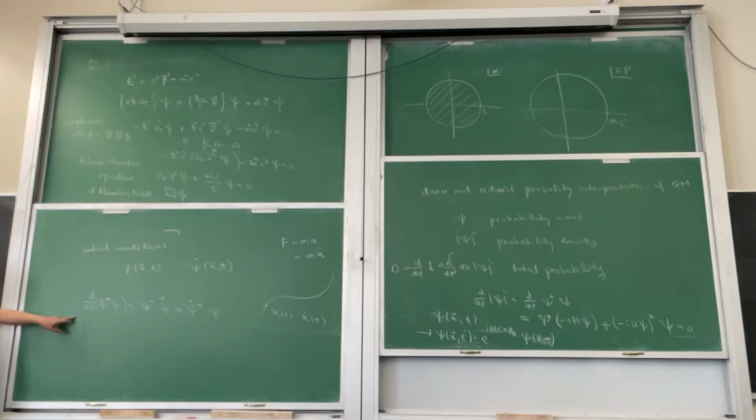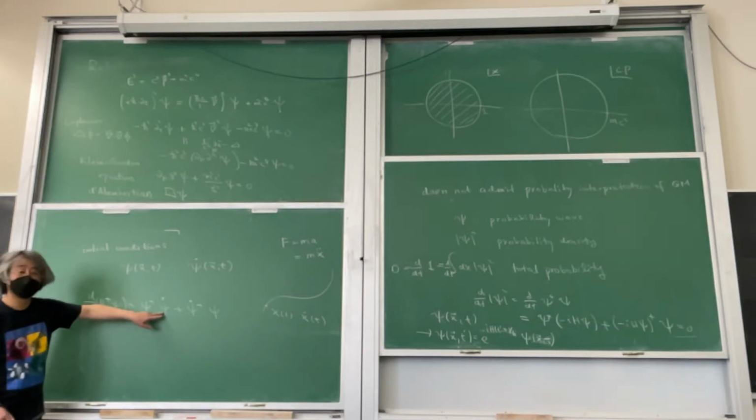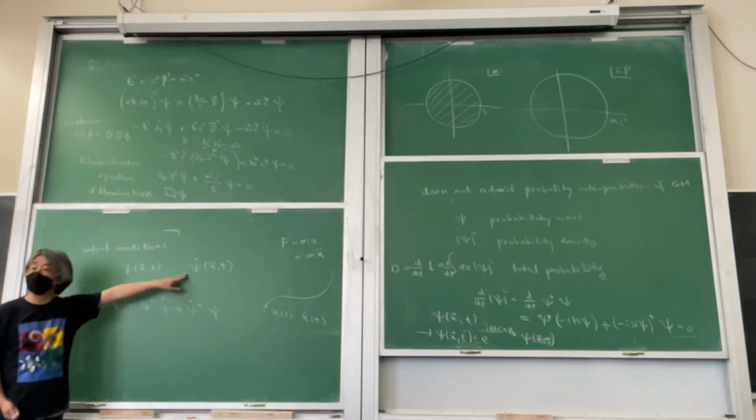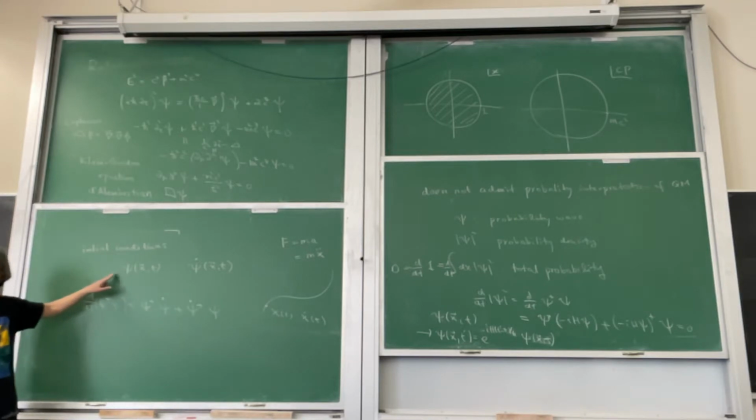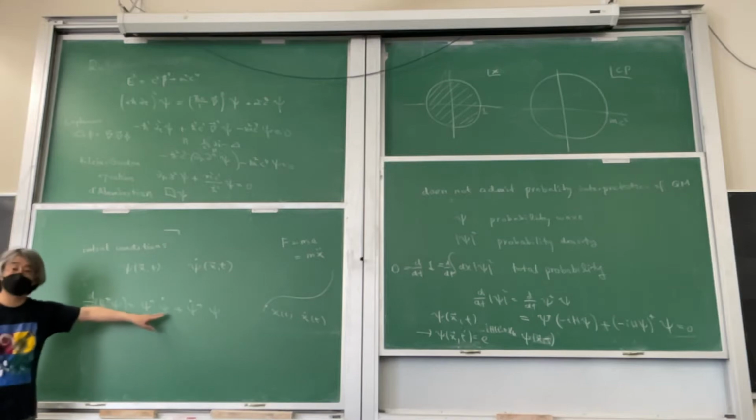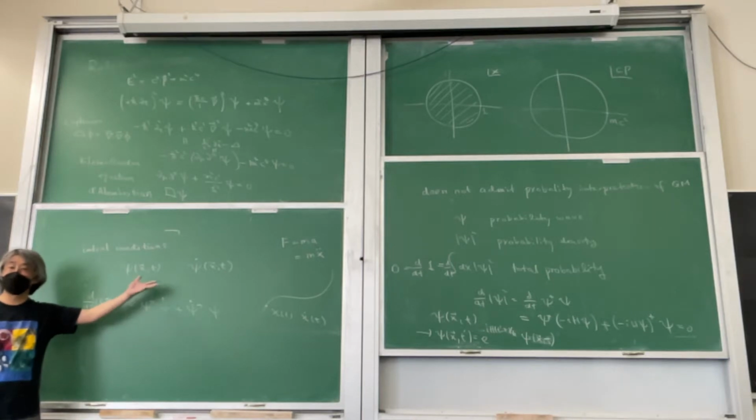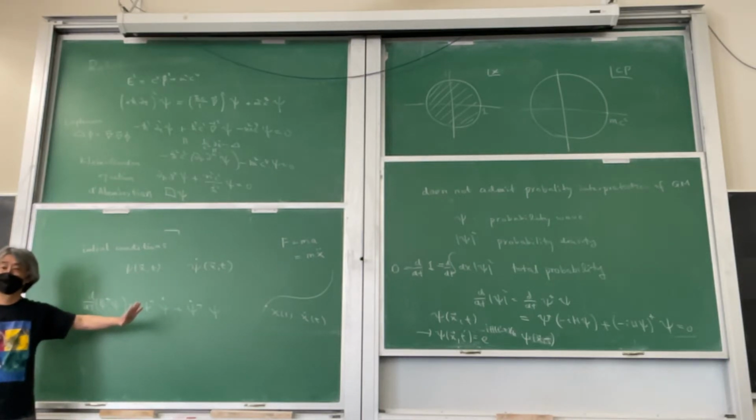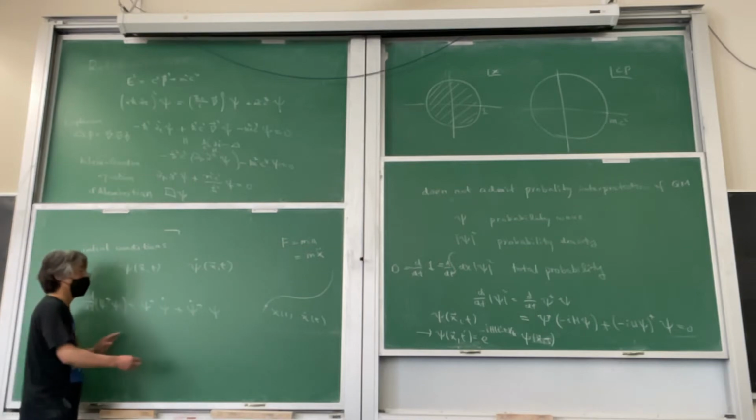But we just talked about the fact that psi dot is an independent initial condition from psi. So even for a given psi, psi dot can be arbitrary, and that's not necessarily zero. It can be positive, can be negative, and it's not guaranteed to be zero in general.